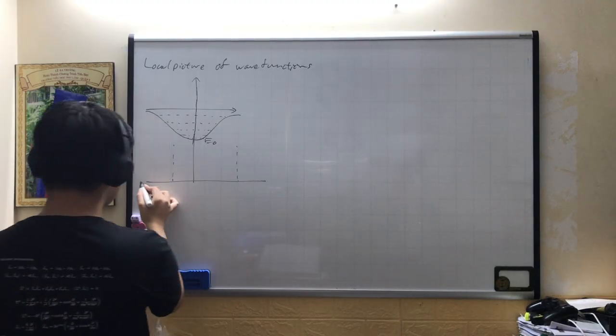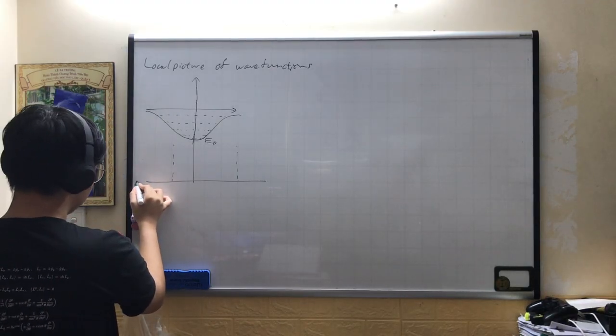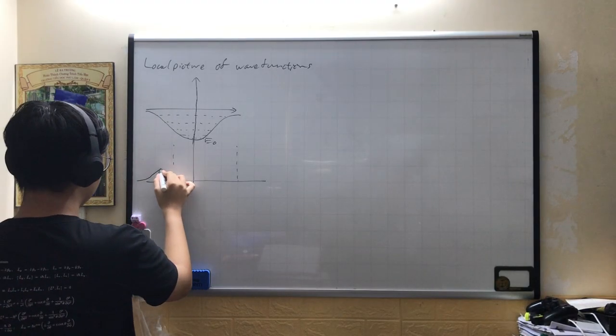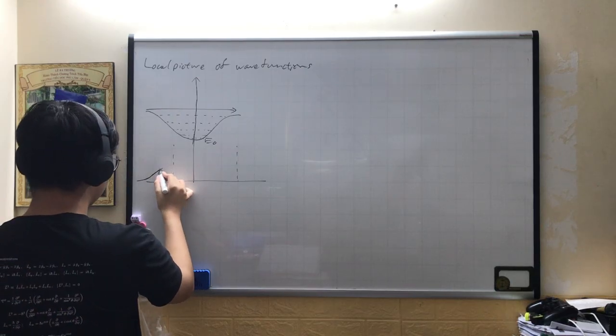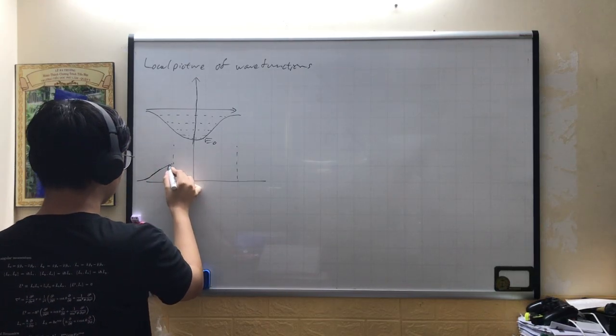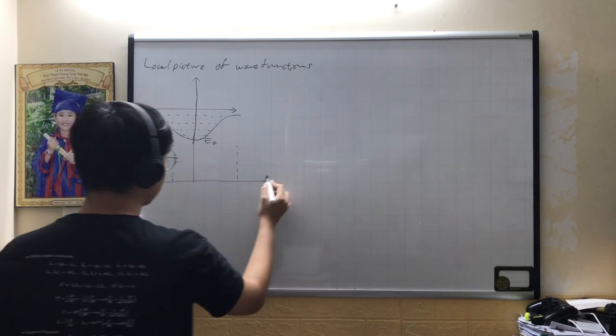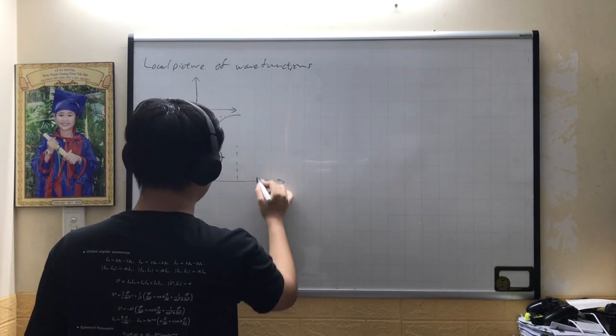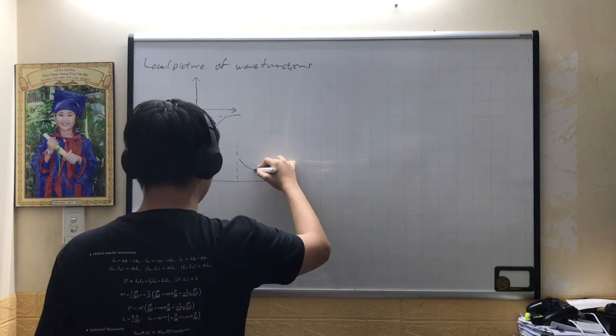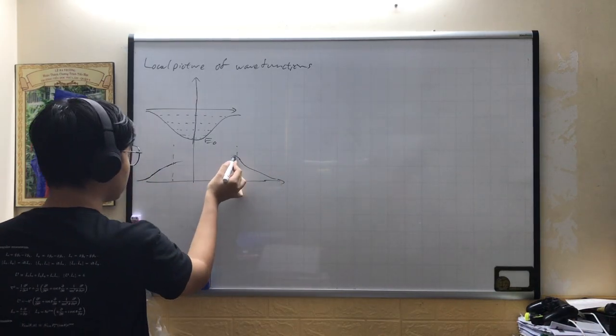You're trying to draw it. And remember, E0 is an even one. So you get something like this, go up, then here is gonna turn. Similarly, here is gonna go up, and then here's gonna turn.